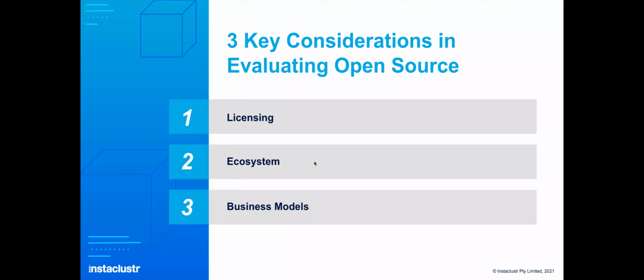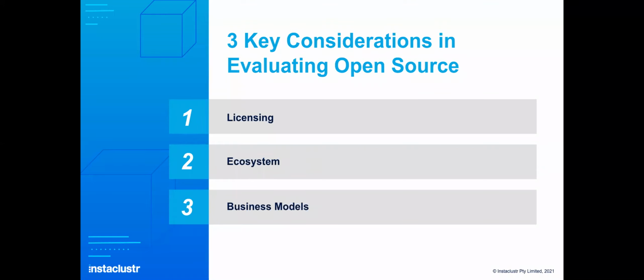I'm going to talk about what I consider to be the three key considerations in evaluating open source. Licenses, and how it's licensed, is the first one. But I think you can't just look at licenses in isolation. You also need to think about the ecosystem. How is it supported? Who's working with that software? And then the key business models that are involved.